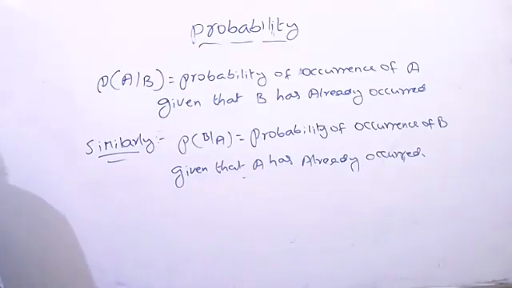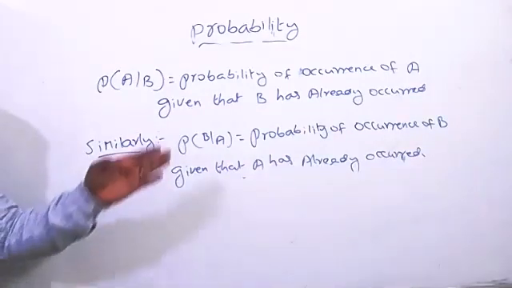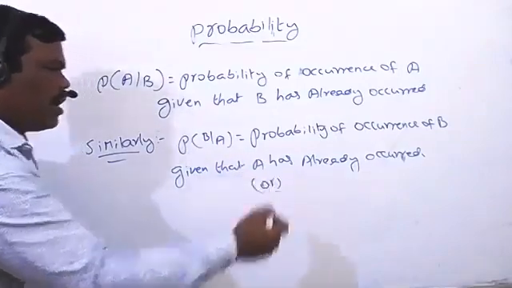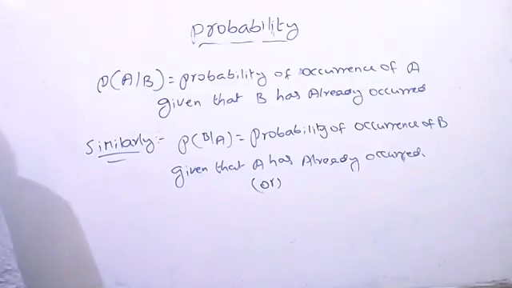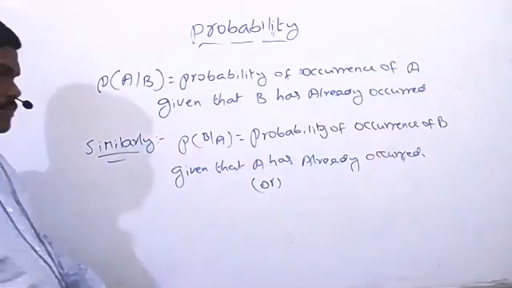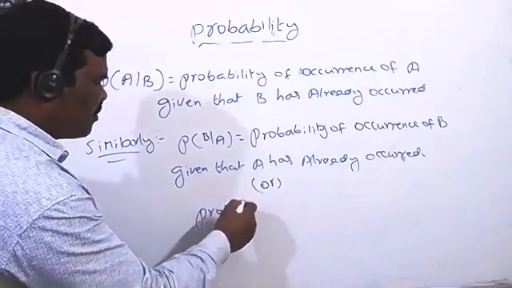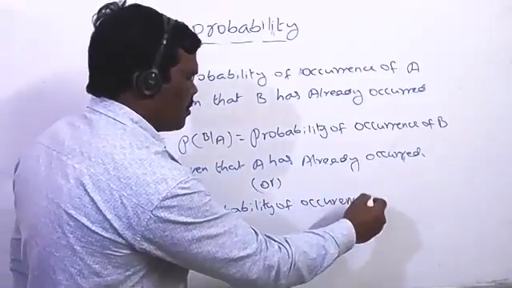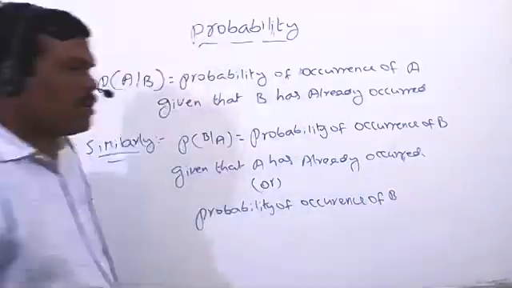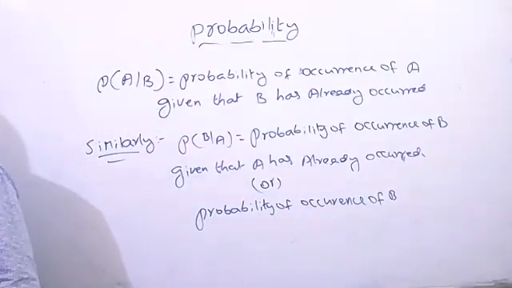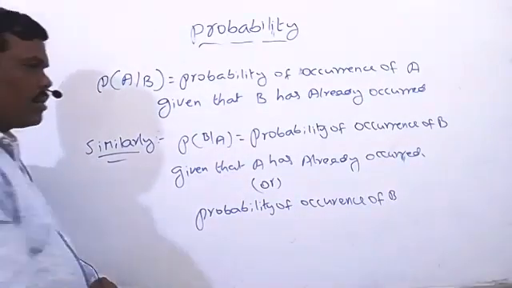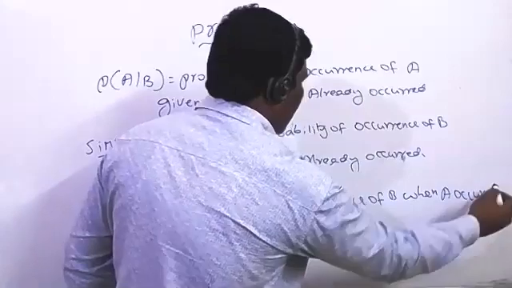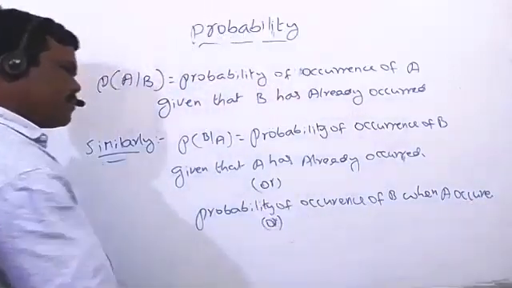You can write this clearly for these conditions. For the second one, write probability of occurrence of B when A occurs. That has the same meaning.